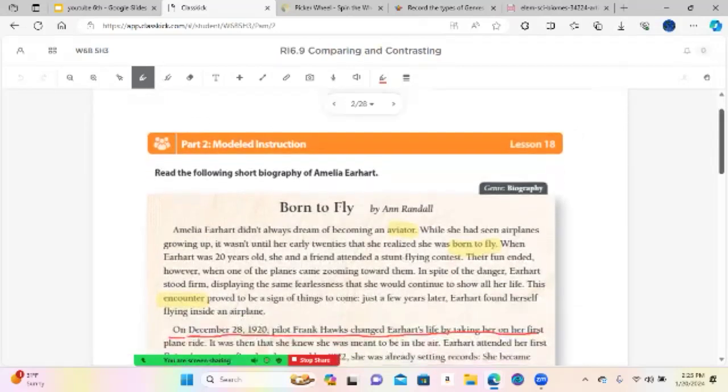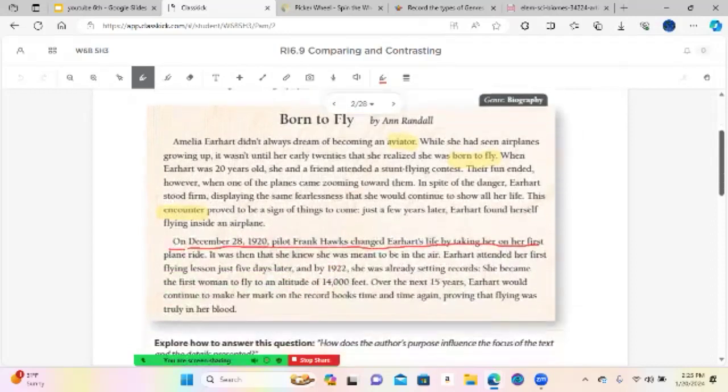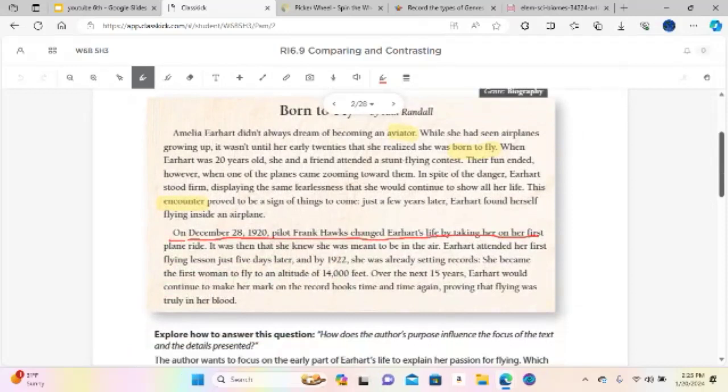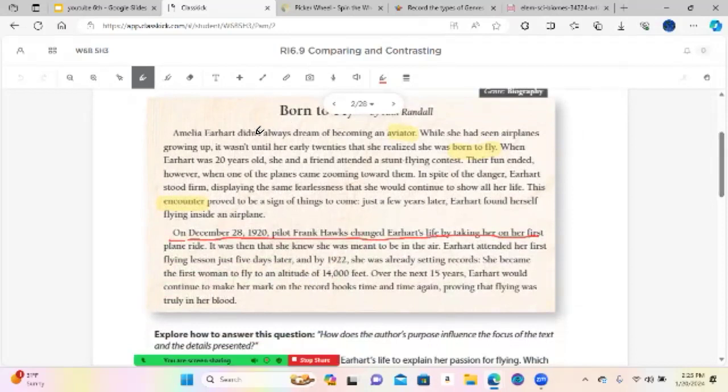So let's see if there's any other contrast, something that was mentioned in this story that wasn't mentioned in the previous one. She also took flying lessons. Let's see, she attended her first flying lessons 5 days later.